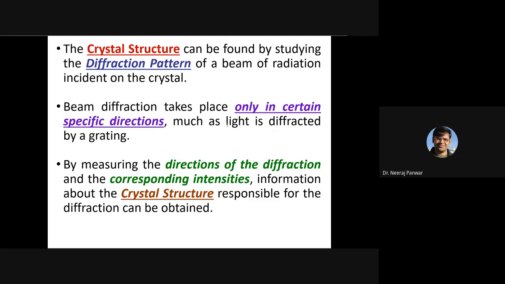In optics, we study the diffraction of visible light or light of a particular wavelength using a grating. So similarly, the atoms which are arranged in a periodic fashion act like the lines on a grating, so they produce diffraction of X-rays. By measuring the directions of the diffraction and the corresponding intensities, information about the crystal structure responsible for the diffraction can be obtained.